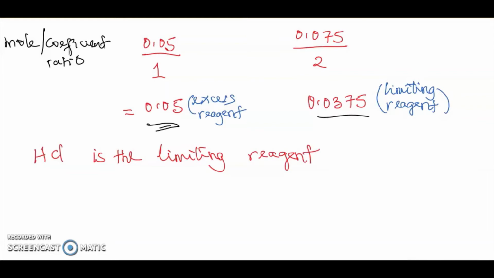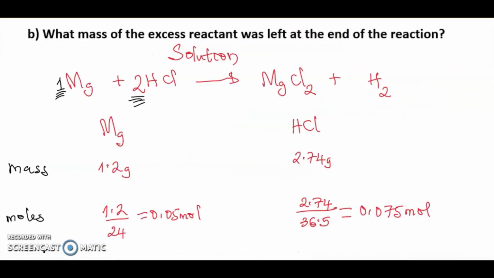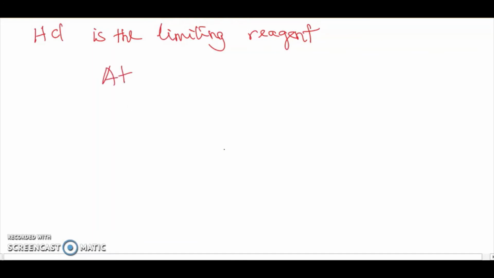Now we can prove this otherwise. Let's look at the alternative method. Let's look at the equation again. From this equation, we can see that 1 mole of magnesium reacts with how many moles of hydrochloric acid? It reacts with 2 moles of hydrochloric acid. So let's make use of this. Alternatively, we want to prove that hydrochloric acid is actually the limiting reagent.